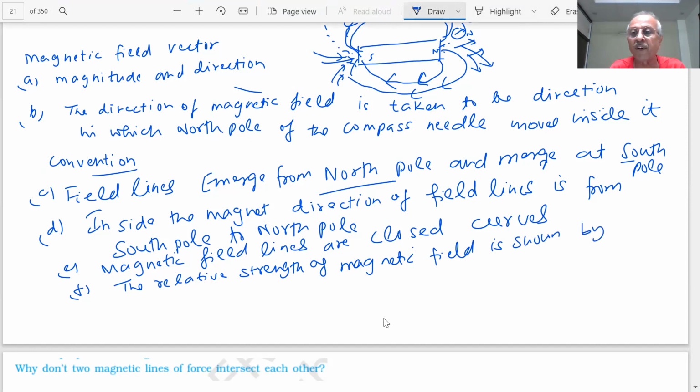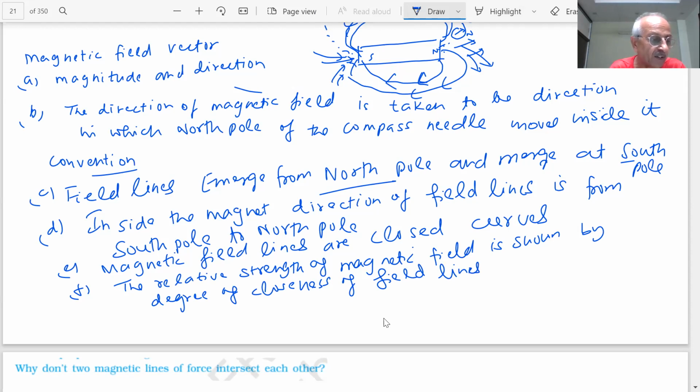The degree of closeness of field lines. How close these lines are, how close the field lines are. Degree of closeness of field lines.